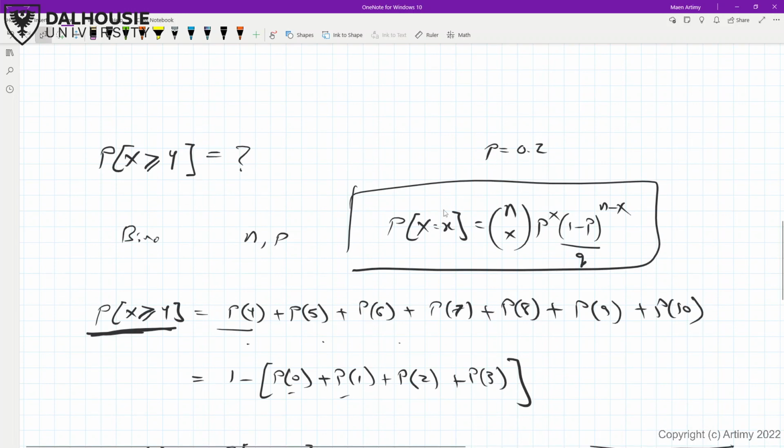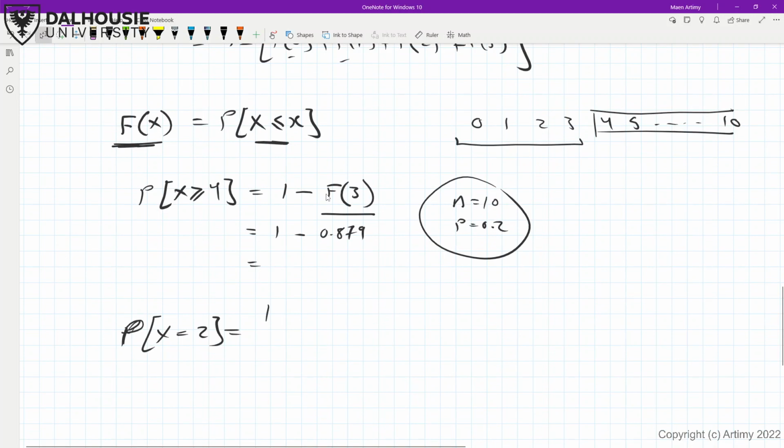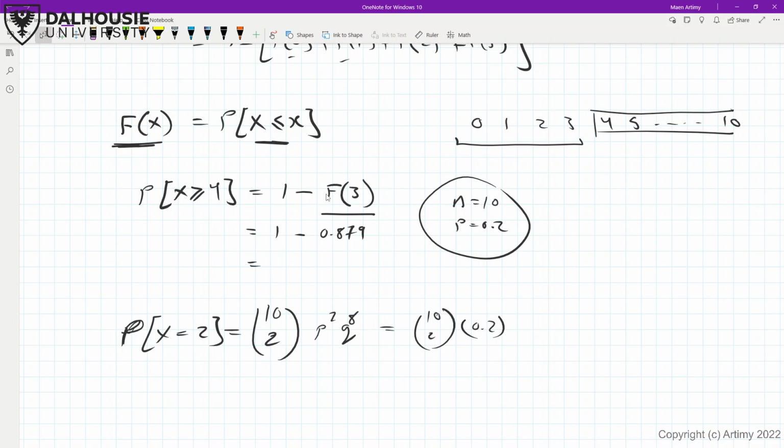So I can put 10 choose 2, p to the power 2, q to the power 8, which is 10 minus 2, right? And I can calculate this numerically. So I can find out the result numerically.